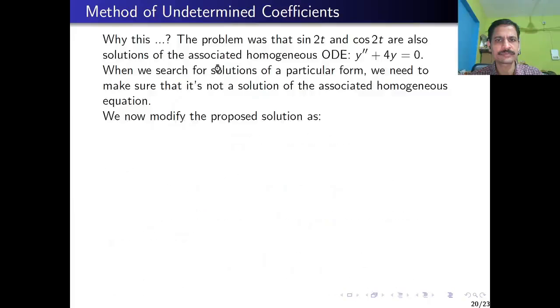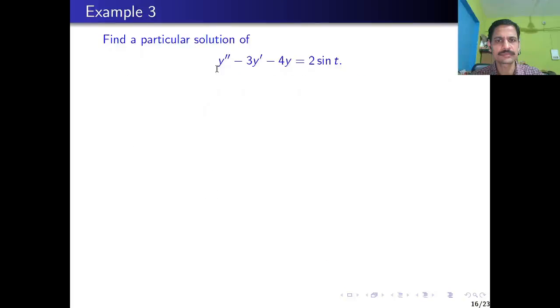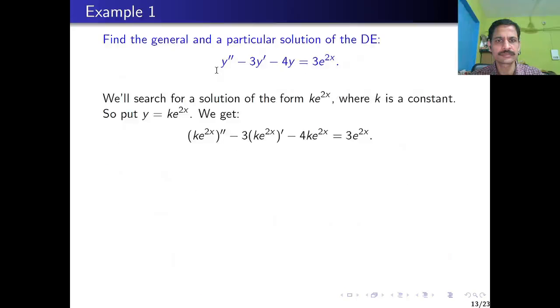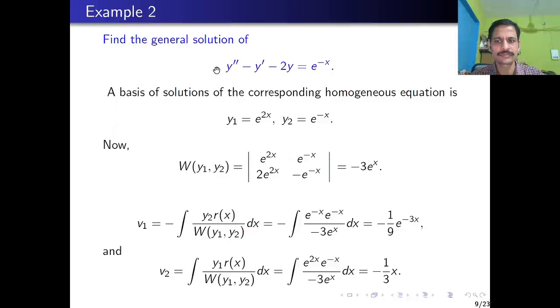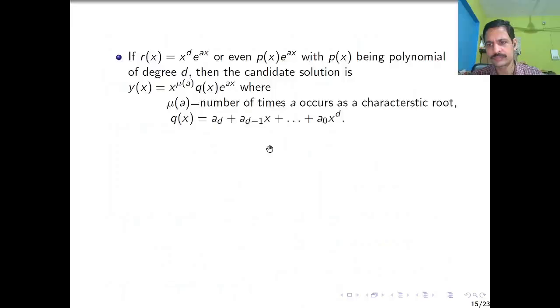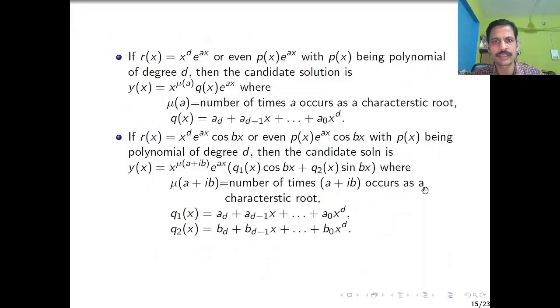Instead of this particular scheme that has been illustrated, when the Rx is of the type x raised to d e raised to ax cos bx, or x raised to d e raised to ax sin bx, sometimes it becomes very complicated using this particular method.